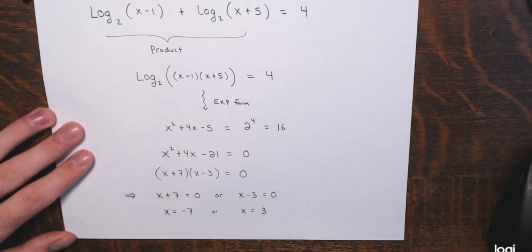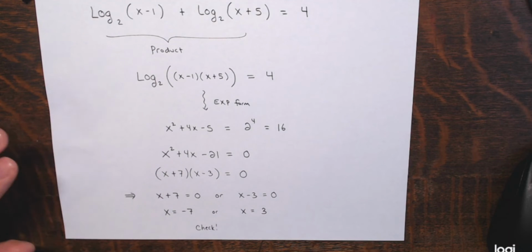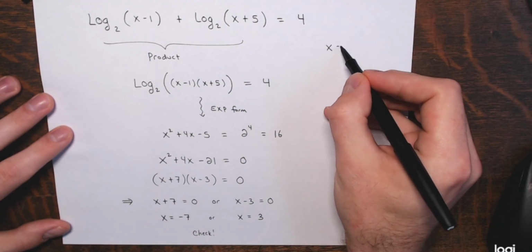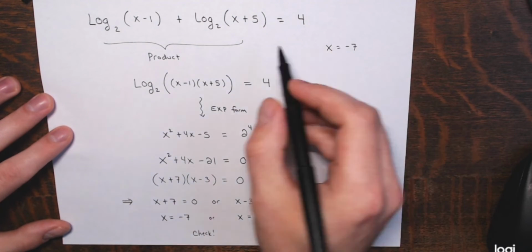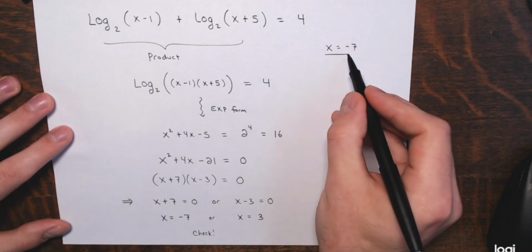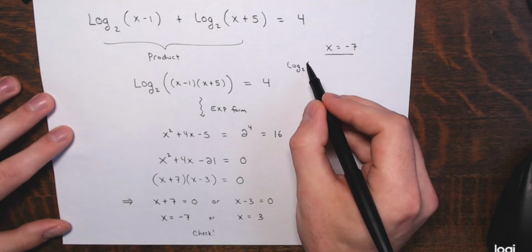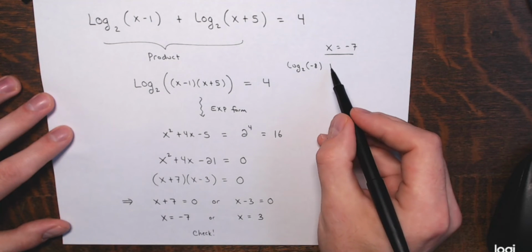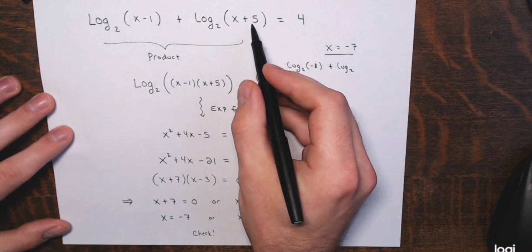Now, like I said before, you're going to want to check these, especially in the original equation, because these are logarithms, and the number inside a logarithm, when you're done simplifying, shouldn't be negative. So how about x equals negative 7? If I plug in negative 7 for x, we'll have the log base 2 of negative 8, which is already a problem, plus the log base 2 of negative 2, negative 7 plus 5.